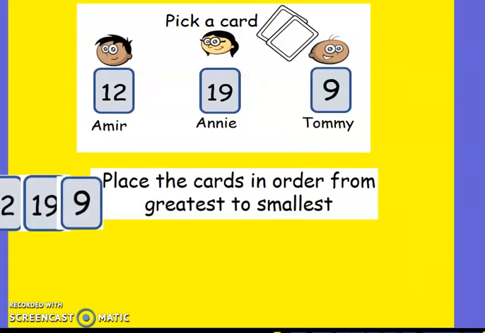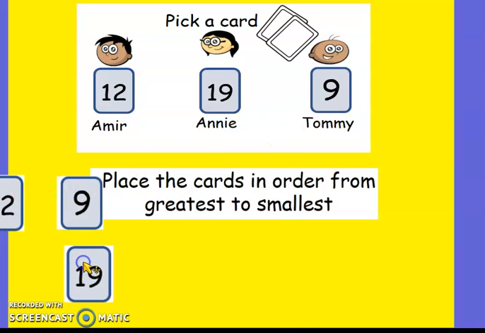Okay, so it says pick a card and place the cards from greatest to smallest. Amir picked number 12, Annie picked number 19, and Tommy picked number 9. So can we place the cards in order from greatest to smallest? Greatest means biggest, the biggest number. So out of those three numbers, which one is the biggest? Yeah, it's 19, isn't it?